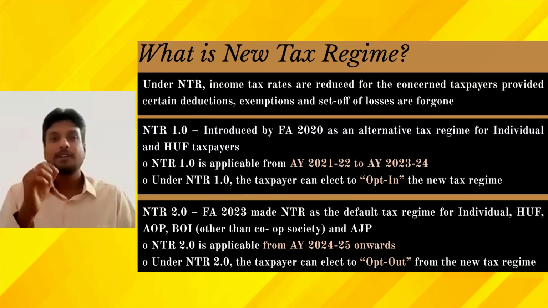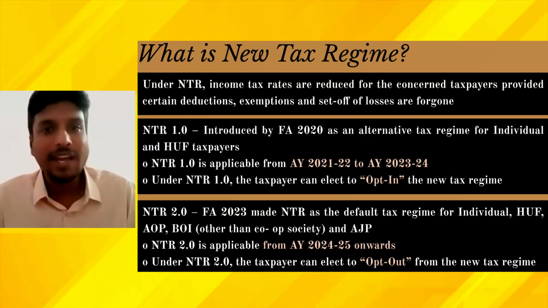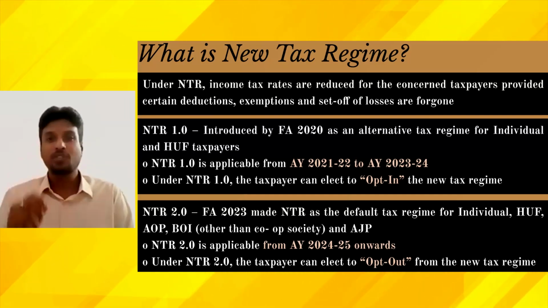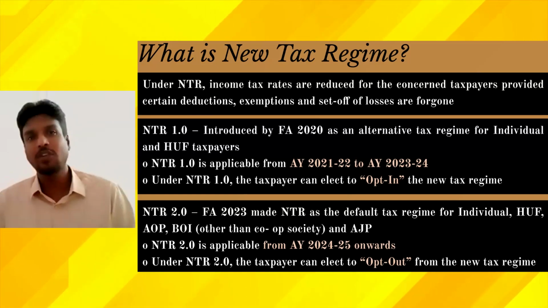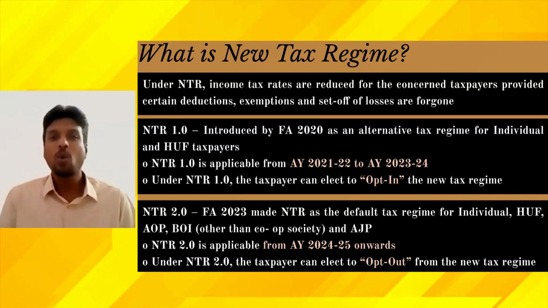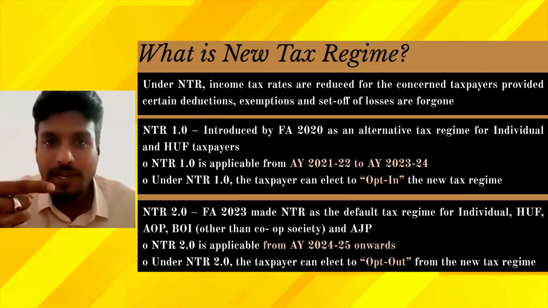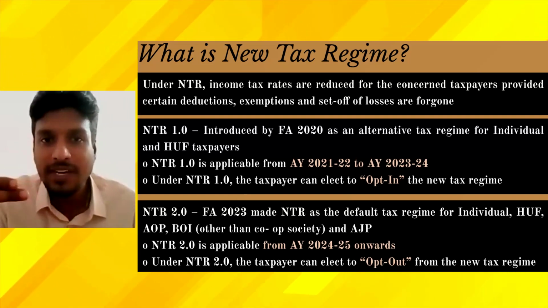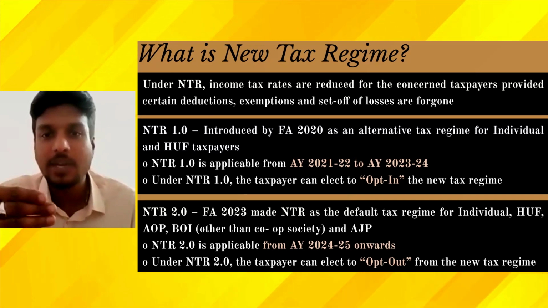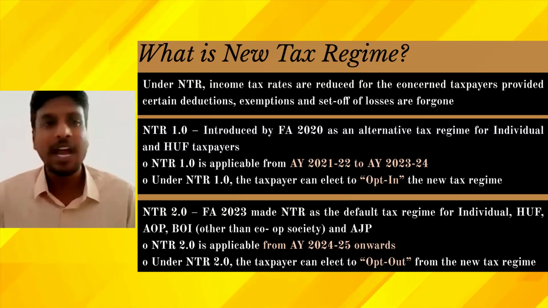So this new tax regime 1.0, which was introduced in the Finance Act 2020, was effective only for 3 assessment years: assessment year 21-22, 22-23, and 23-24.